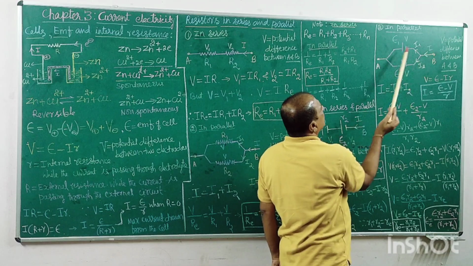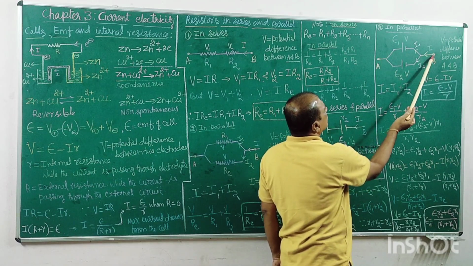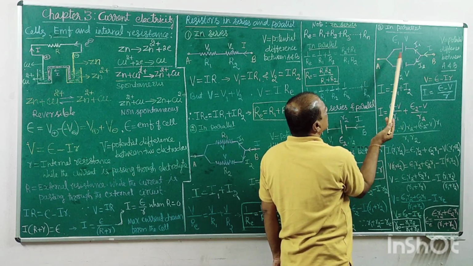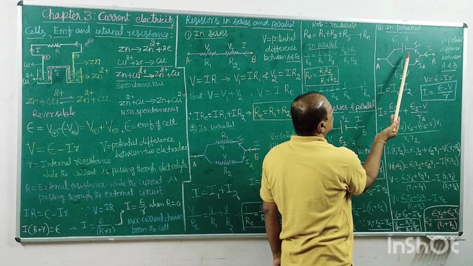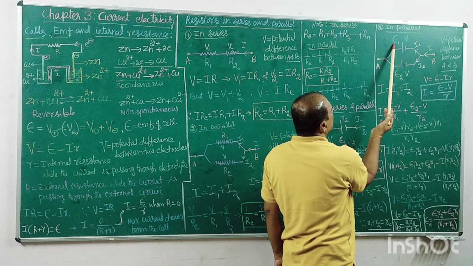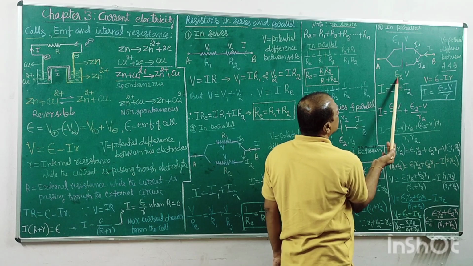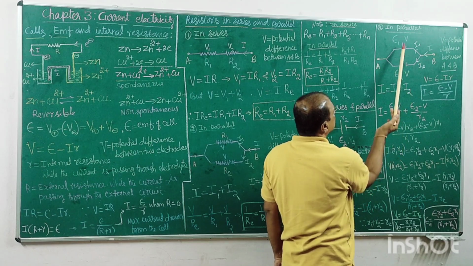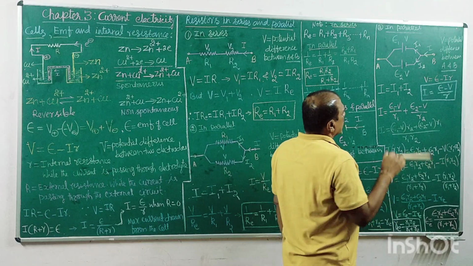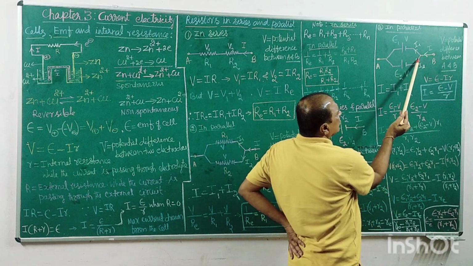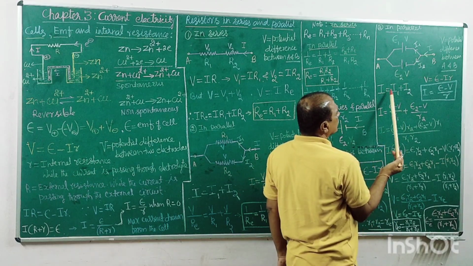Here there is the same potential V between these two points, the same potential across this and across this, both cells. The cell EMFs are epsilon 1 and epsilon 2, and the resistances are R1, R2. For this parallel fashion, what is I?